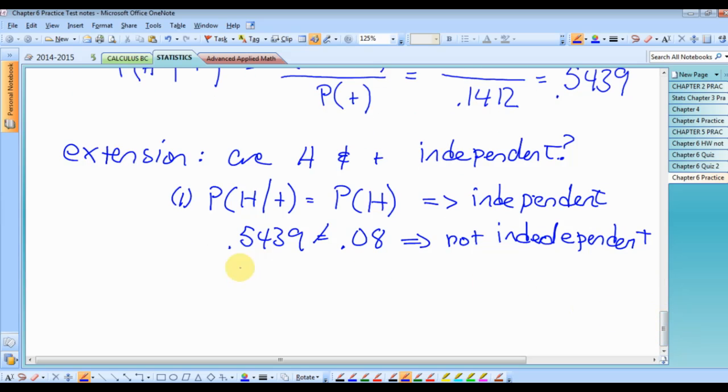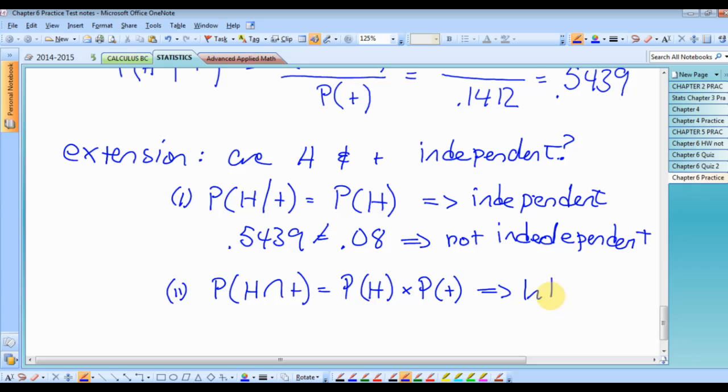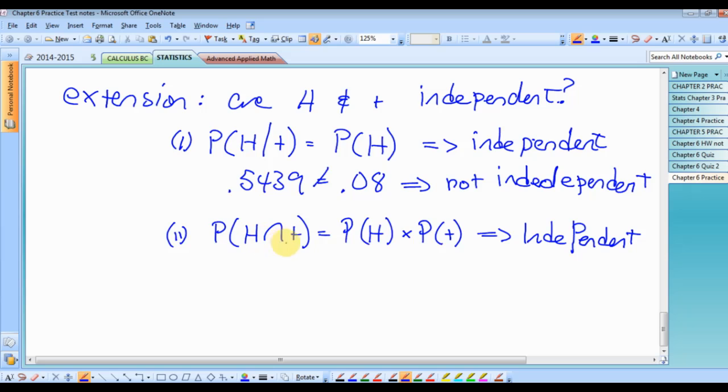The second way of doing this is if the probability of H and positive equals the probability of H times the probability of positive, then that would be independent. Probability of H and plus, that was 0.5439.